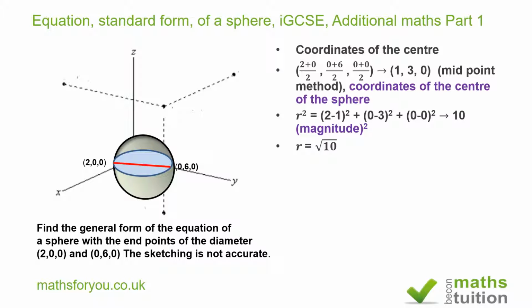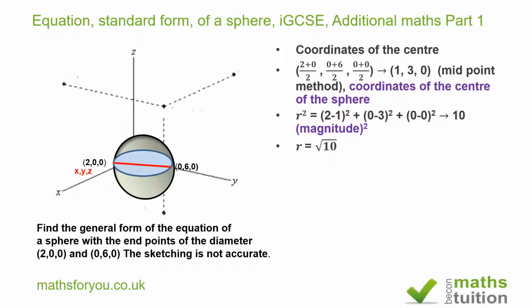Right. Now, having found that, what happens if we don't have this point there to help us find the equation? Suppose that's not there. We replace it with x, y, and z. So instead of (2, 0, 0), we now have (x, y, z).